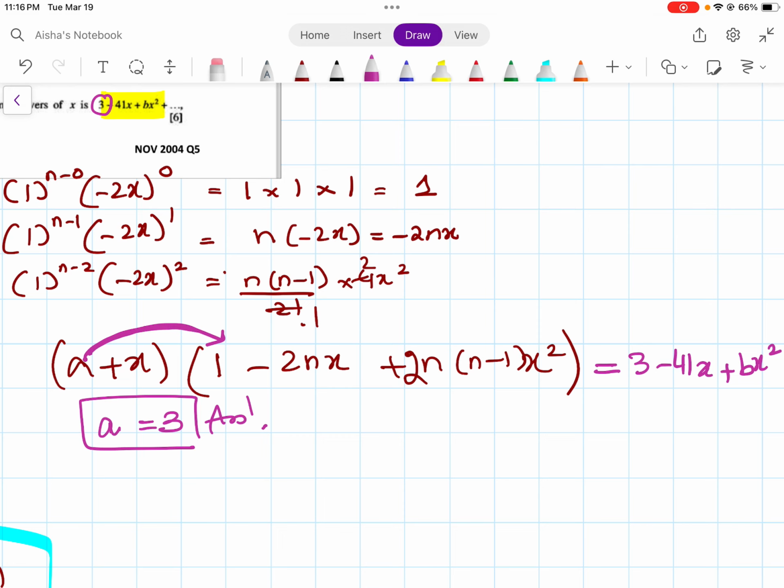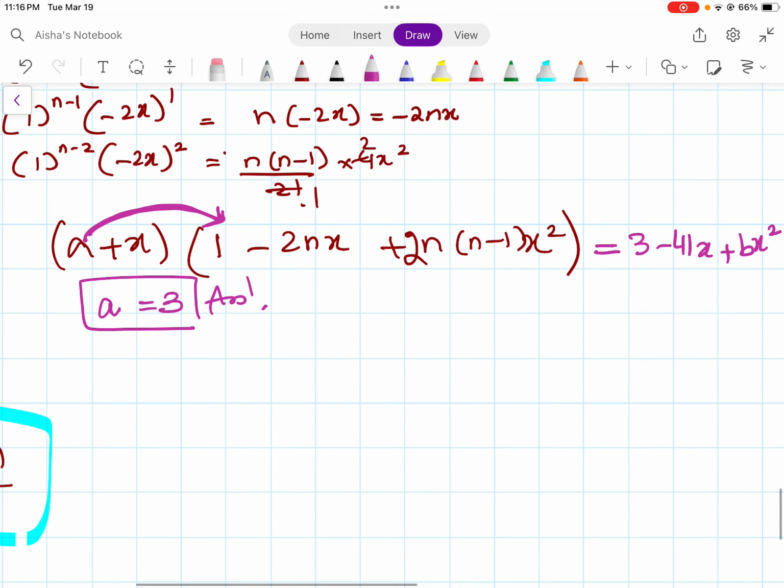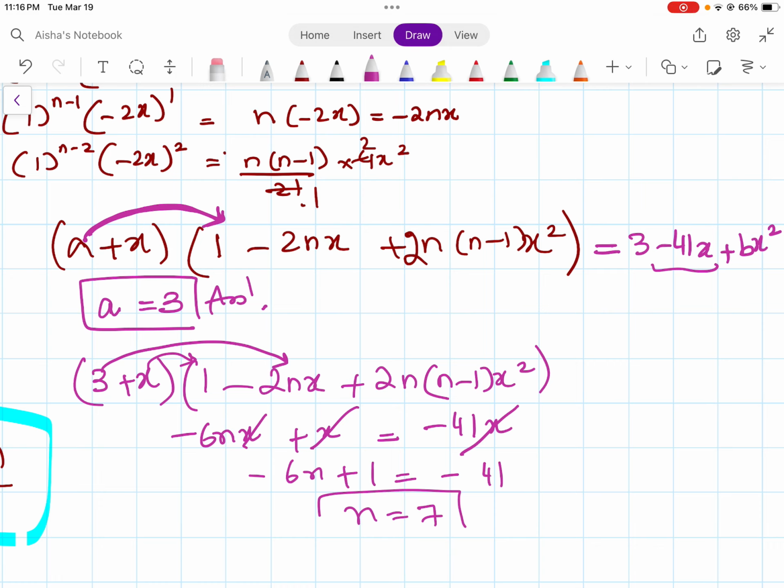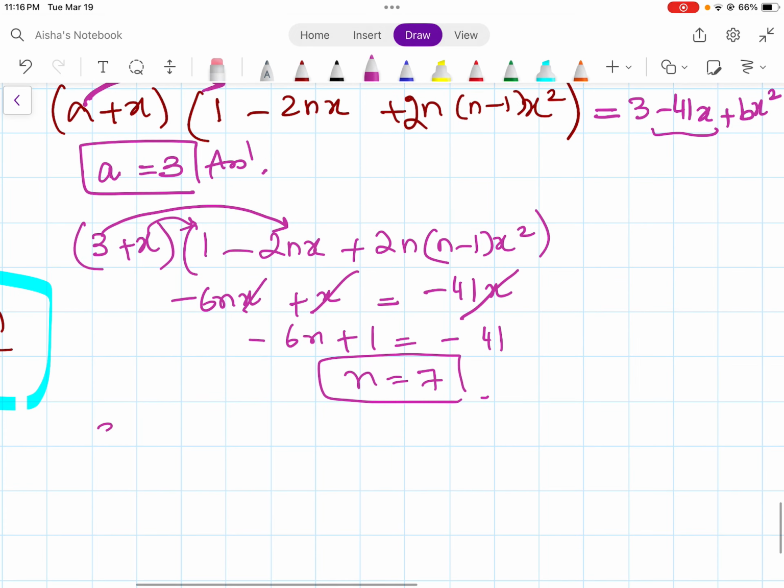And the only constant I can get is when you multiply a by 1. But put in the value of a now. Now, minus 6nx plus x should be equal to minus 41x. Considering the coefficients, the n value will come out to be 7.